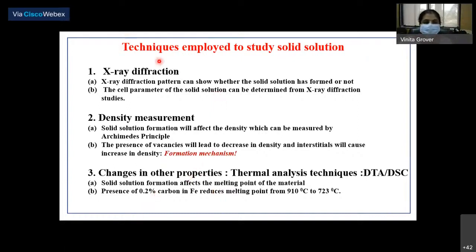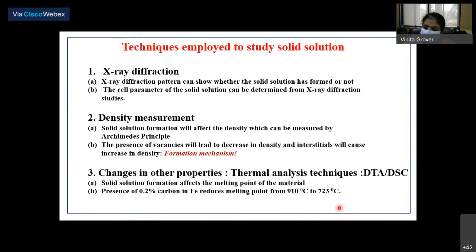So, other techniques other than X-ray diffraction and density measurement, which are the most common. Of course, when I say X-ray diffraction, that means other diffraction techniques also. You can have neutron diffraction and electron diffraction. However, X-ray is the easiest one to carry out. Okay. So other properties are thermal analysis techniques such as DTA and DSC.